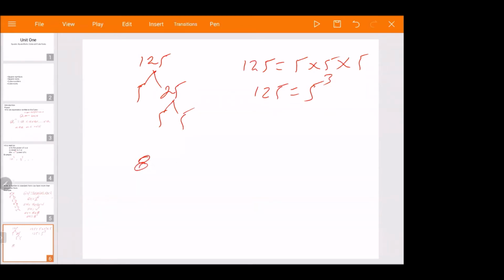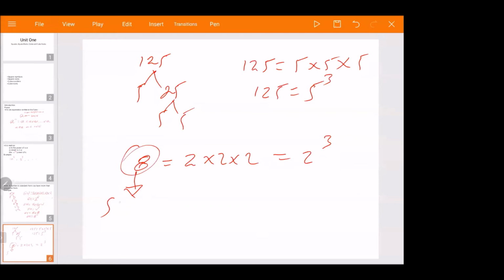For this case, when we write 8 as a power form, first we write it as a product of identical factors, 2 times 2 times 2, and as a power form, 2 to the power of 3. When a number is written in this form, it is considered the standard form.